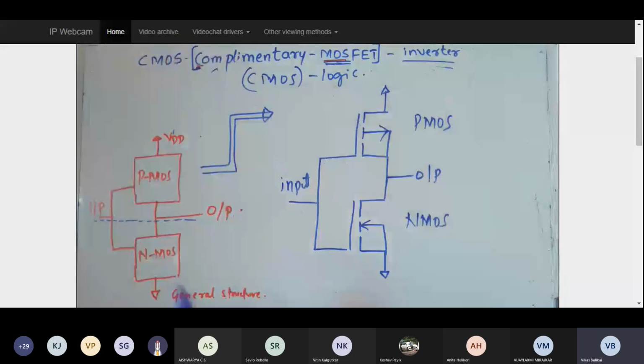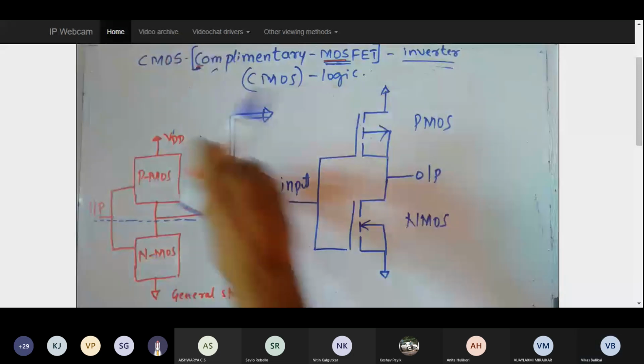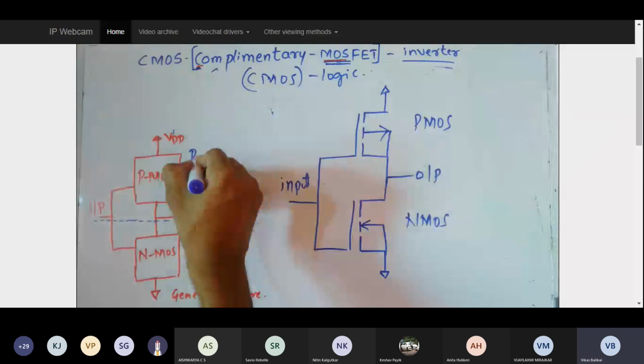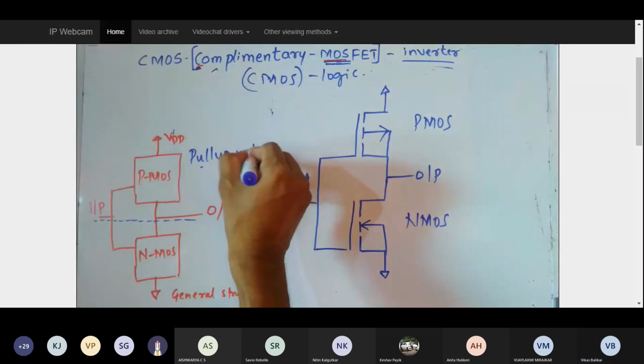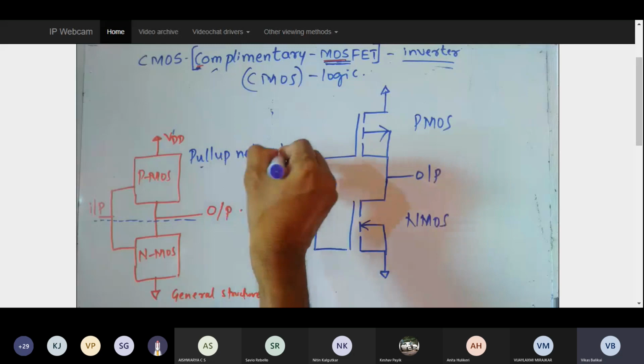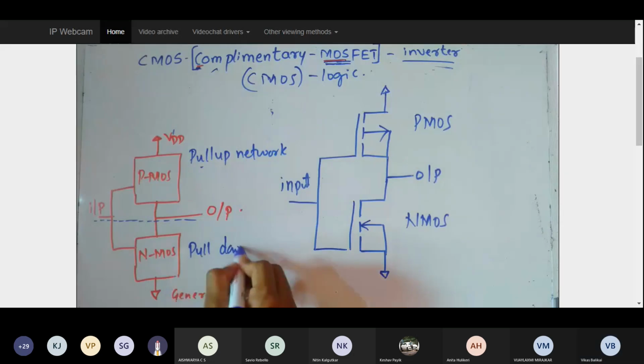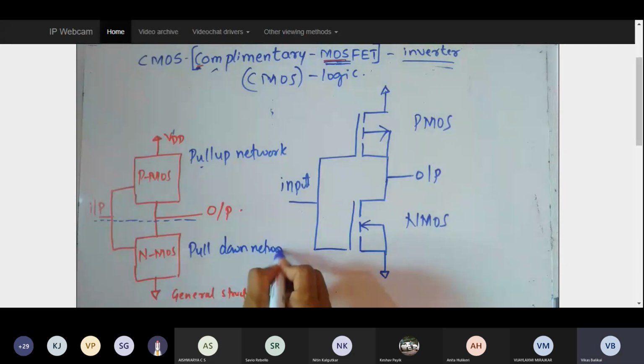The upper logic is called the pull up network and the lower is the pull down network. So pull up logic and pull down logic. Why? I'll make it very clear now.